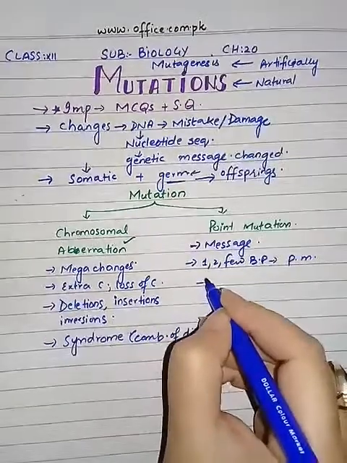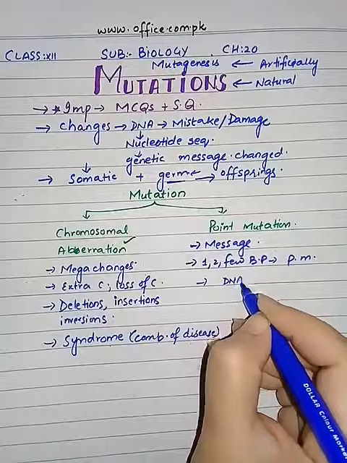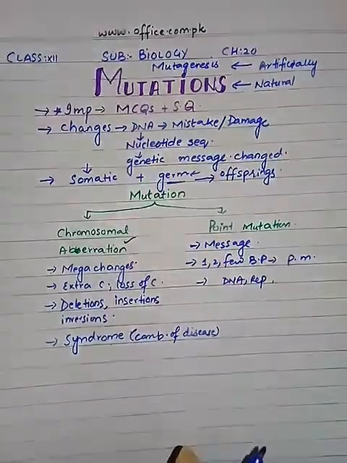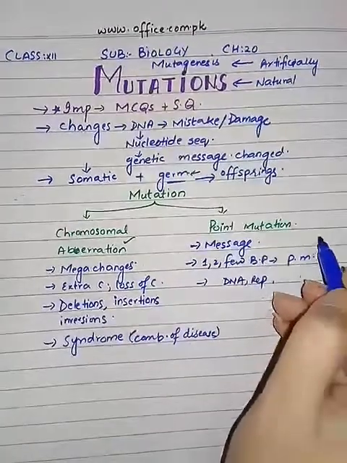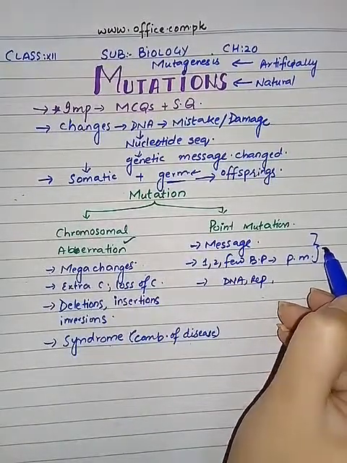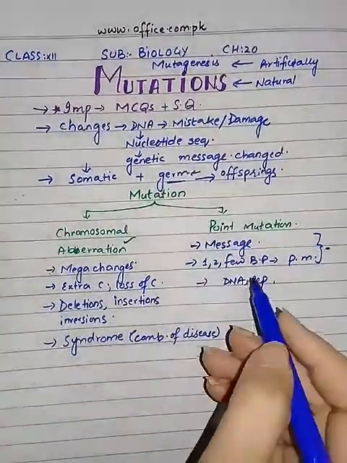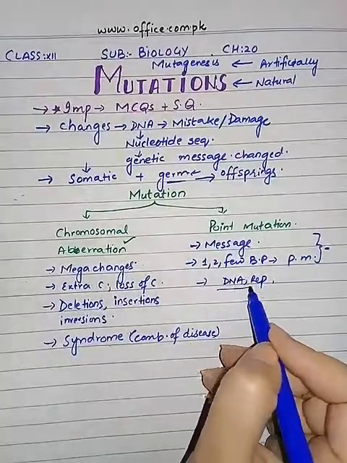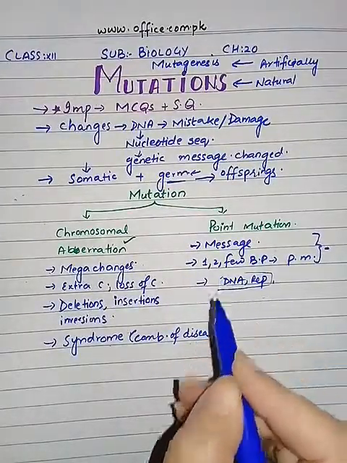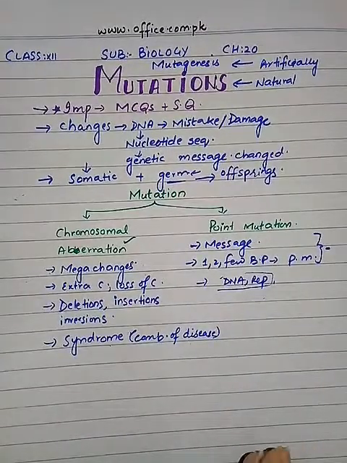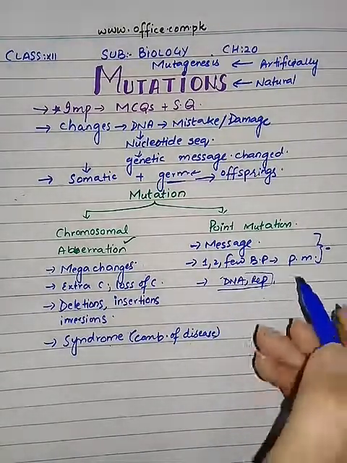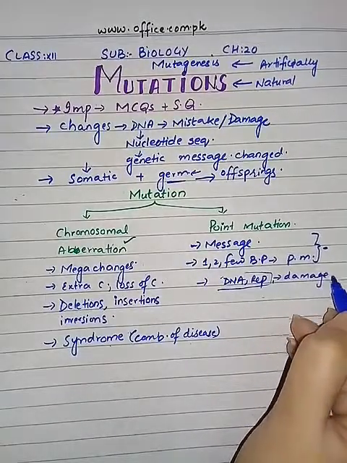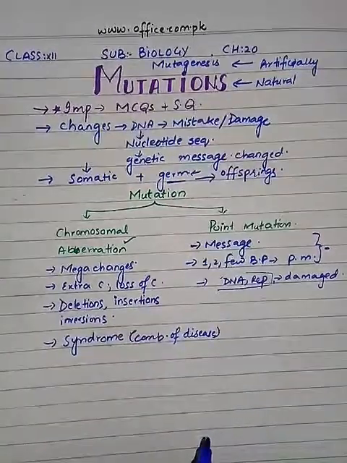There are some point mutations which occur due to spontaneous pairing during DNA replication, etc. So if few points are involved, they are point mutations. If more points are involved, that is due to any spontaneous pairing during the DNA replication, then the DNA will be damaged.